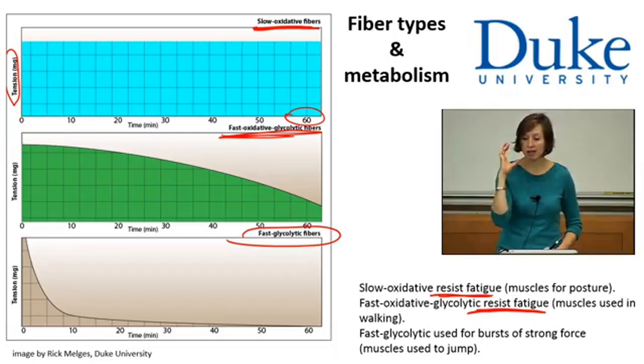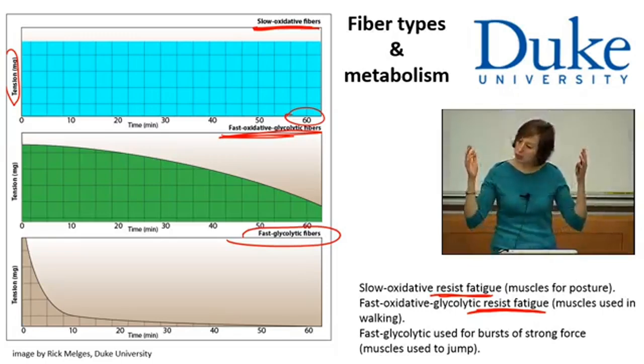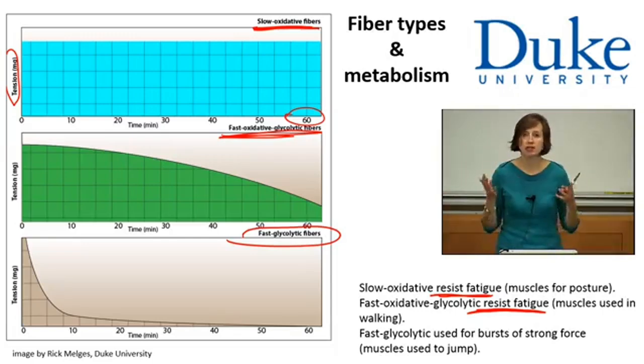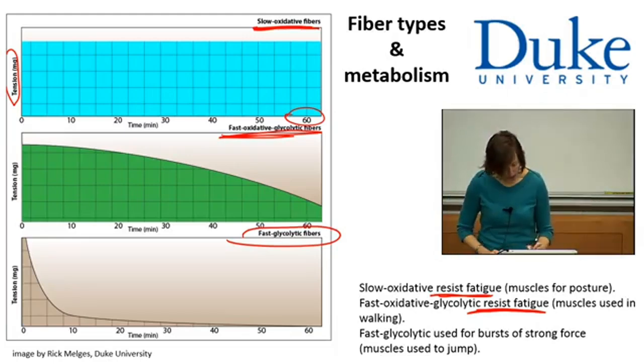So that means that they can produce a lot of force because they've got more myofibrils, but they're going to fatigue more quickly. A good example of this would be muscles that you require for jumping. It requires a lot of force, but there is only a limited amount of time that you can jump without just falling to the floor, especially when you compare it to an activity like walking.